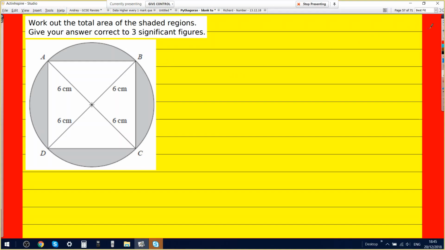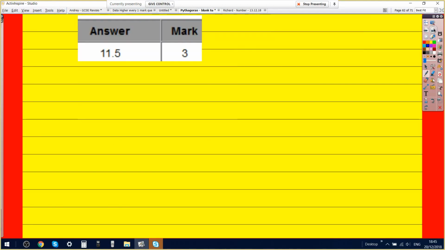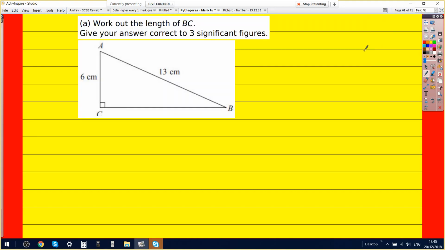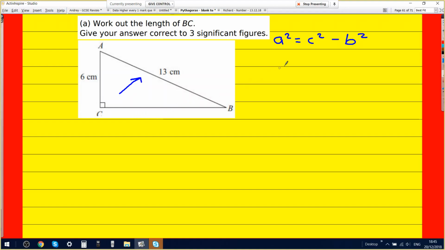Let me go to the higher question for this. Okay. So a squared is equal to c squared take away b squared. So this time we're given the hypotenuse and we have to find the length of the other side, and to do that we do the square root of c squared take away b squared.